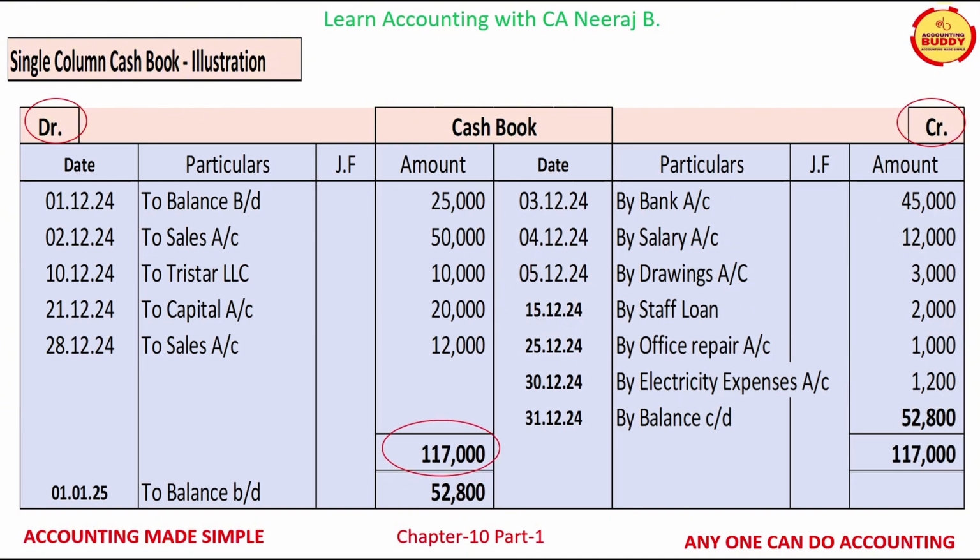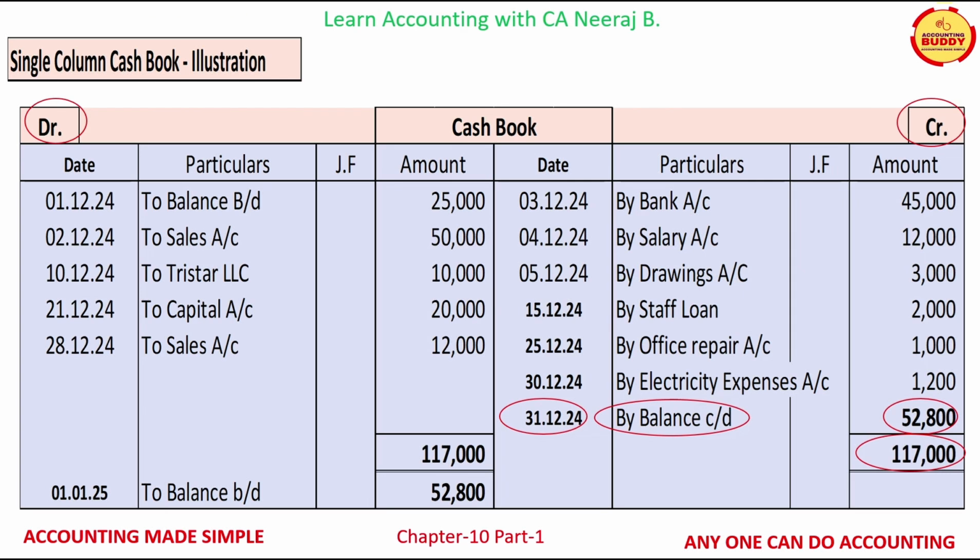Now, if you deduct the total of all the right hand credit side transactions from the left hand debit side total of 117,000, we are left with a balance of $52,800, which is written as by balance carried down on the last day of the month of December 24, thus making the total of the right hand credit side also $117,000.